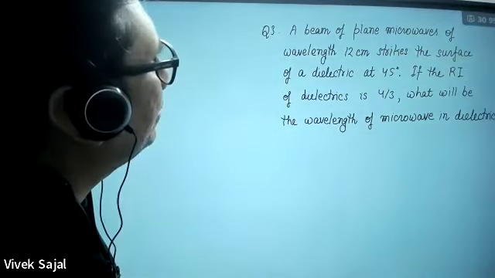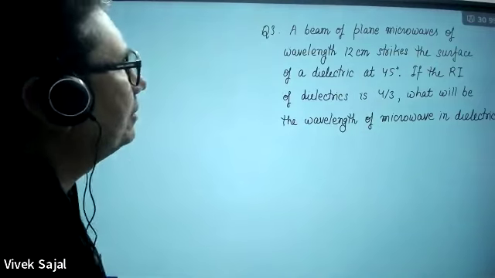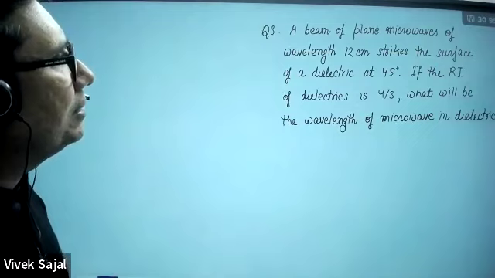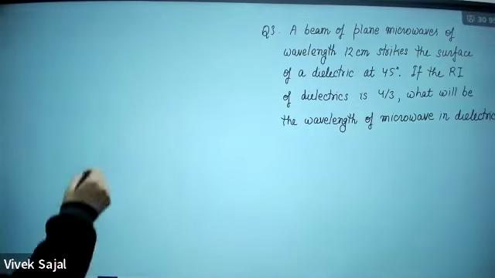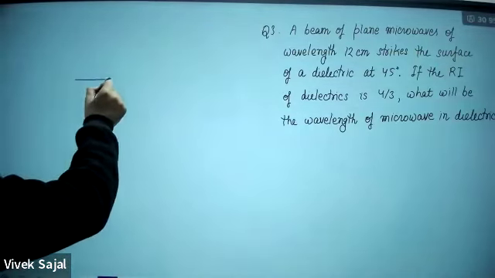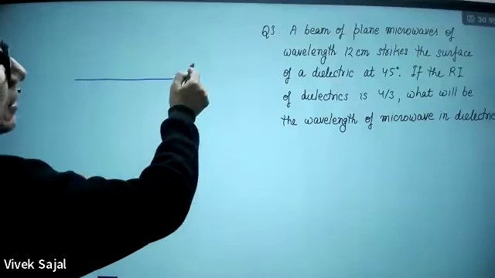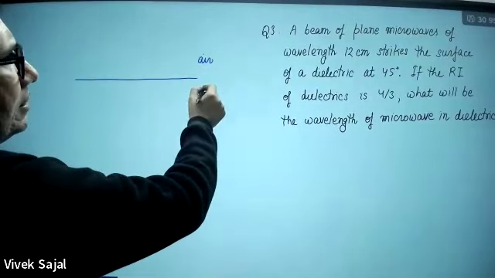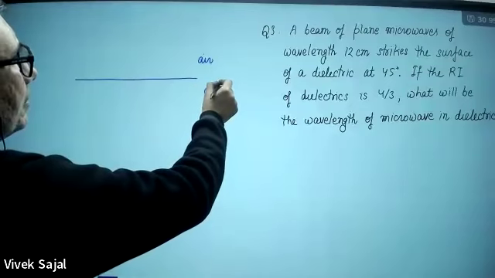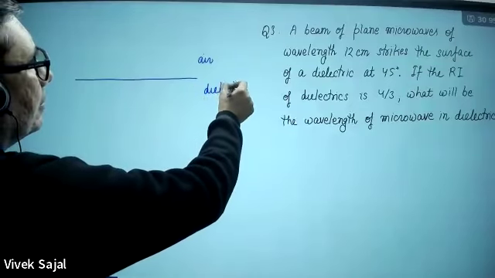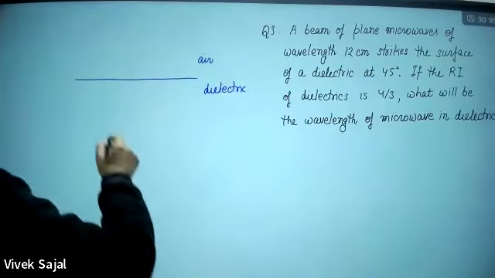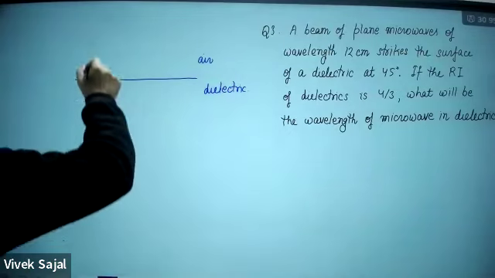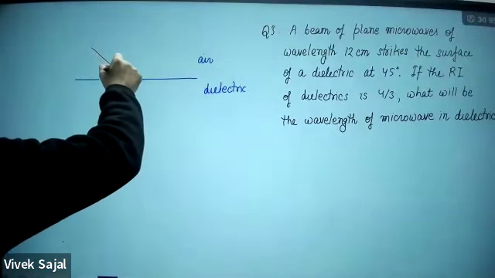A beam of plane microwaves of wavelength 12 centimeter strikes the surface of a dielectric at 45 degree. ठीक है, here this is air and here this is dielectric, and light is incident here at an angle of 45 degree like this.